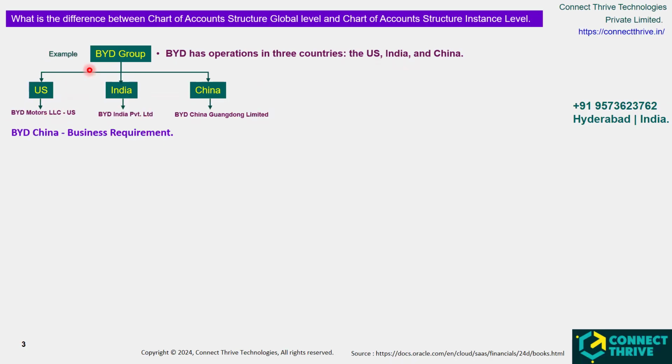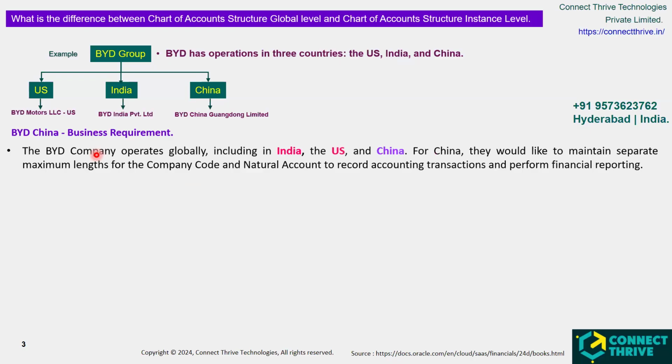Now, BYD is operating in three countries, so while implementing the chart of account structure at global level and instance level, they have a specific requirement for the China case. We'll see the BYD China requirement. The BYD company operates globally, including India, US, China.